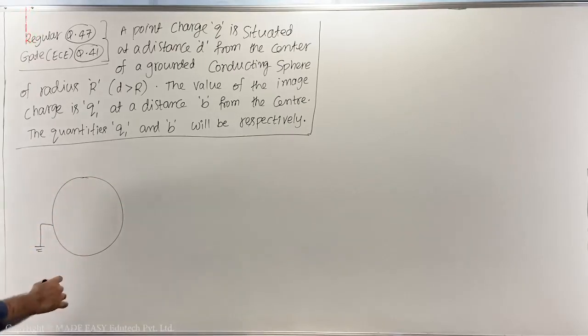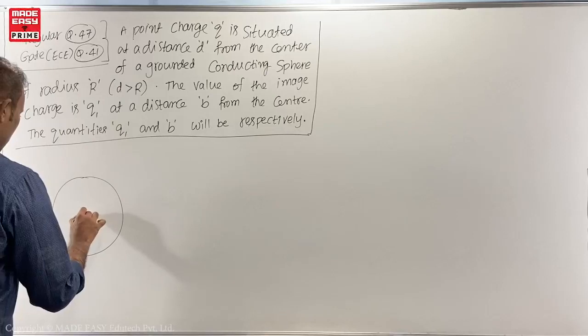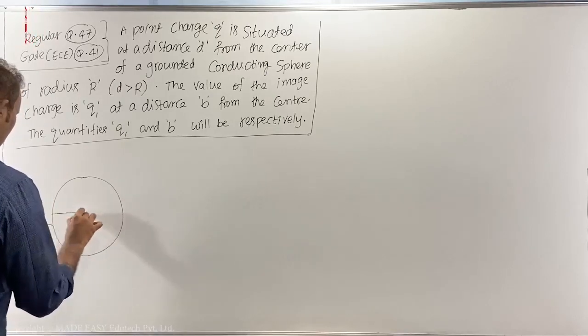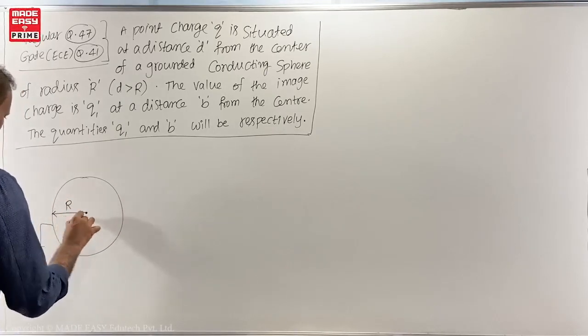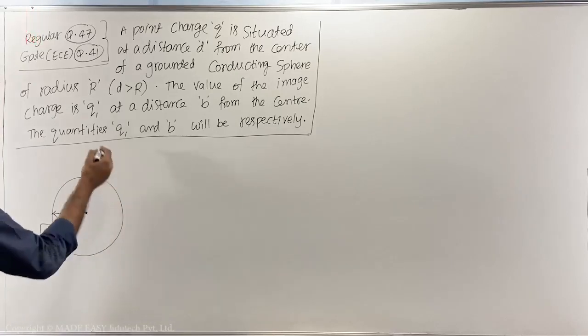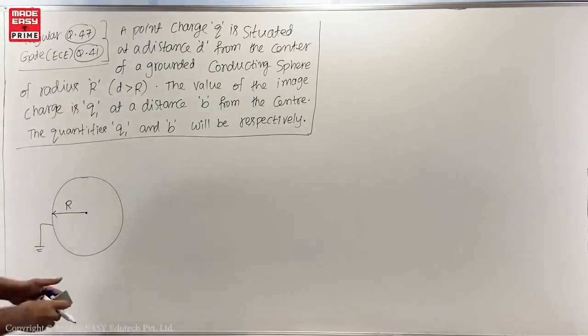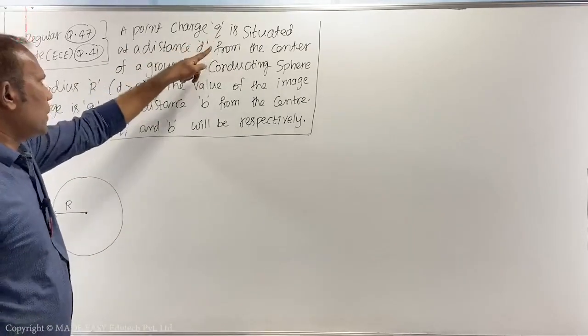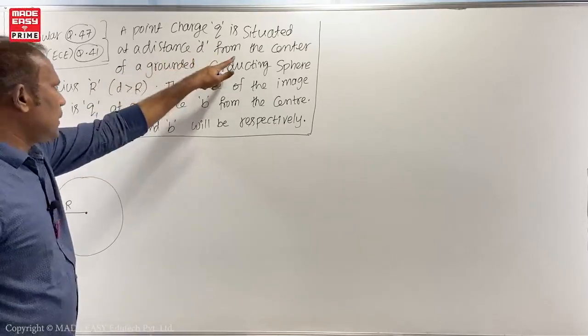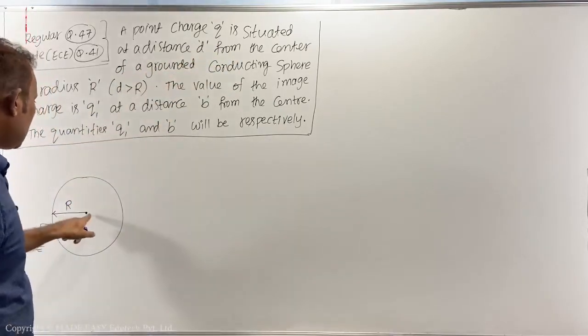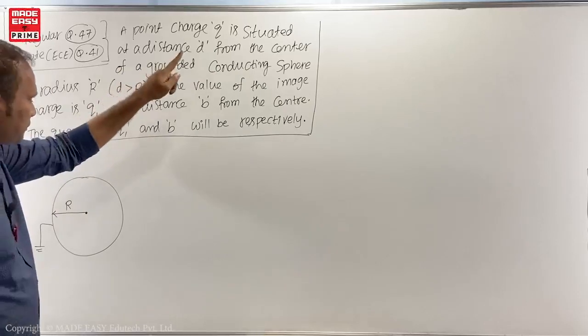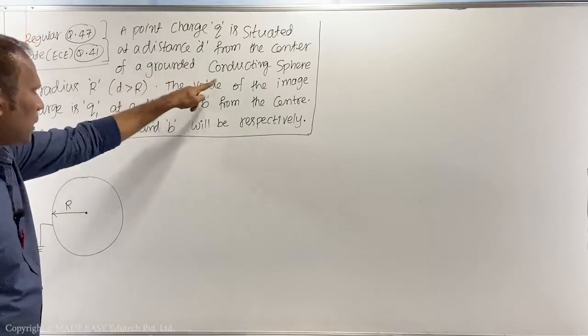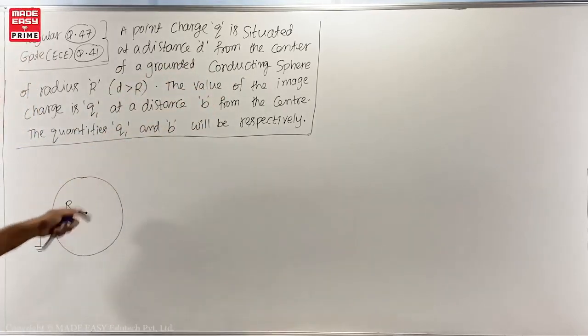It is a spherical surface. Then what is the radius of this actually? The radius is r. It is given here. Now a point charge q is situated at a distance d from the center. This is the center.